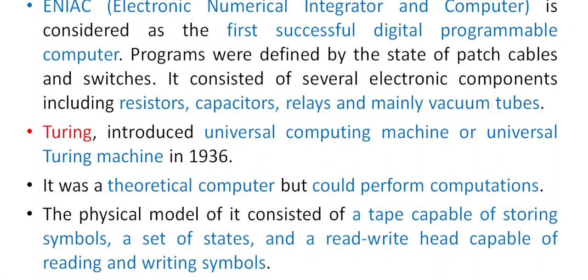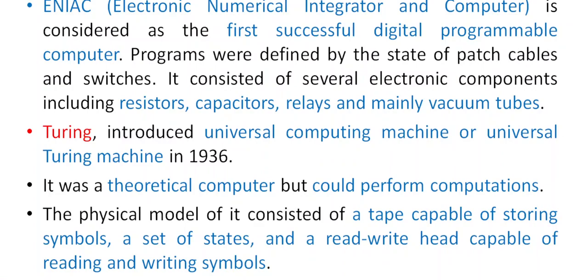It used different electrical and electronic devices like resistors, capacitors, relays, and mainly vacuum tubes. A vacuum tube is something like your bulb. You might have seen the zero watt bulbs used in houses, not tube lights. They look similar to today's LED bulbs. So they are vacuum tubes.